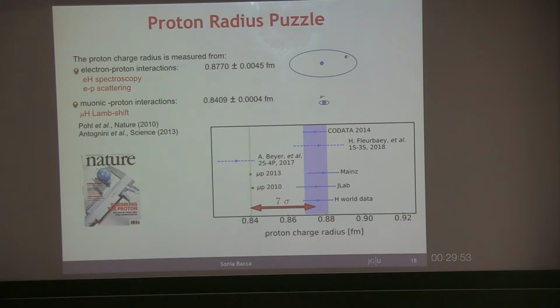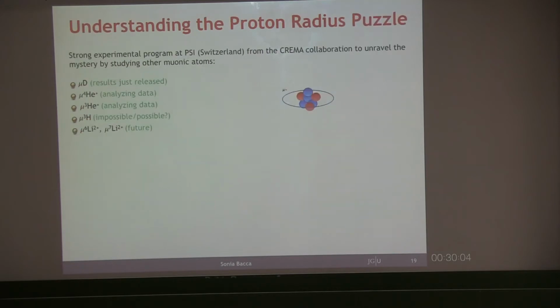It's just an ongoing debate. And the collaboration that discovered the so-called proton radius puzzle in the first place has decided to do other measurements in which instead of a proton orbited by a muon, you have a light nucleus orbited by a muon. This is called a light muonic atom.